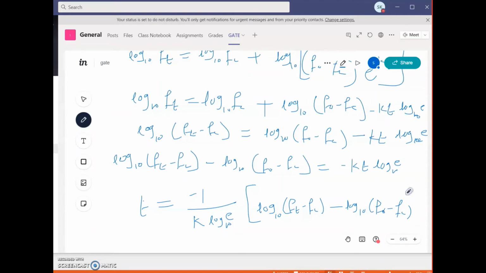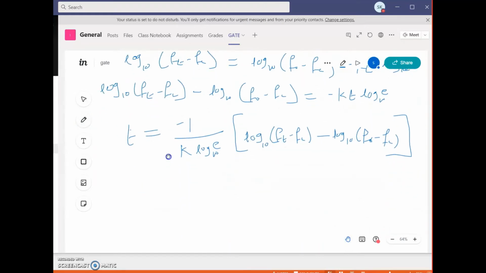Okay, let me finish why I am writing in this way. Because it has a relation with the straight line, whatever infiltration capacity curve I have drawn, it has a relation with that. So log to the base 10 of Ft minus Fc.